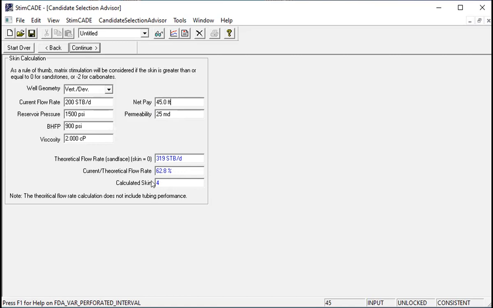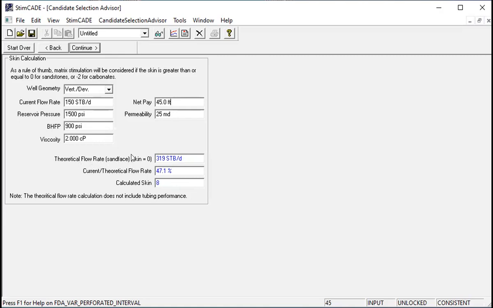Generally, if we are having a very high skin, then the flow rate may also reduce. If I put a flow rate of, let's say, 150, you realize that as the flow rate is reducing, the skin factor is increasing. So this is our flow rate, but we also have what we call the theoretical flow rate.